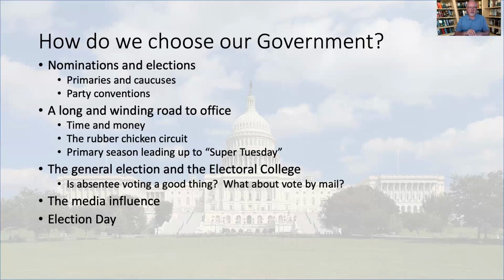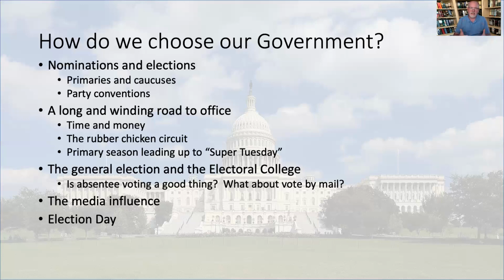So this year in particular, a little bit in 2016, but in particular this year, the two biggest issues are, of course, the Electoral College and voting by mail. Now, let's talk about the Electoral College first. Number one, the Electoral College is baked into the Constitution.